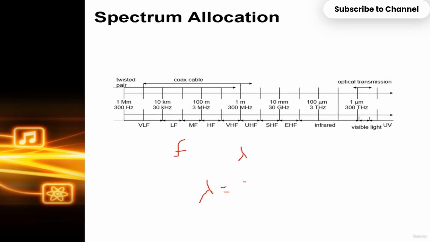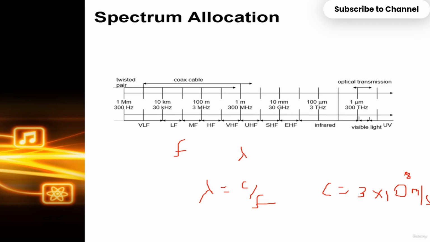Lambda equals c by f. Now what is c? c is nothing but the speed of light, a constant value of 3 into 10 power 8 meters per second.